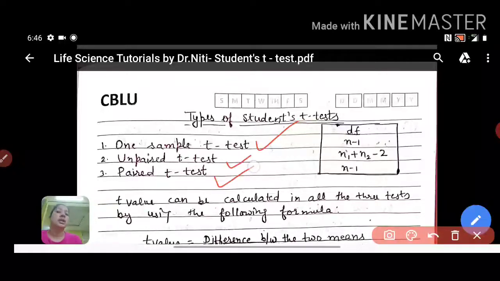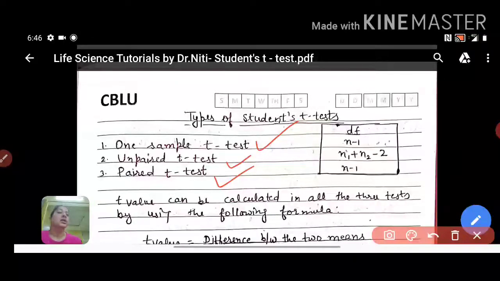And in paired t-test you have to compare the means of a single sample before and after giving a particular treatment. Okay, now these are the three types of student's t-test.